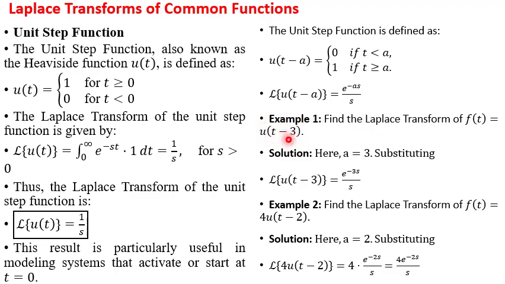Relating this, we find out that a basically equals 3, and from the general solution we substitute 3 for a. So the Laplace transform of u of t minus 3 equals exponential minus 3s all over s, and that is the answer.